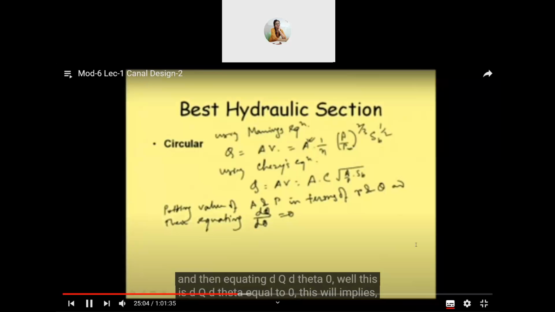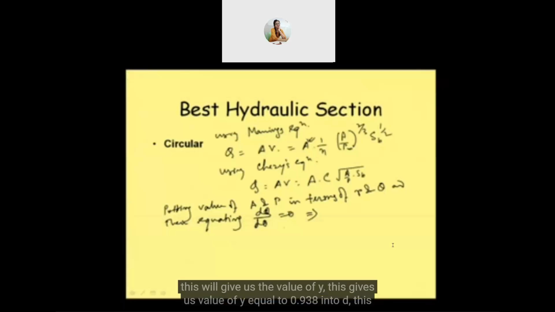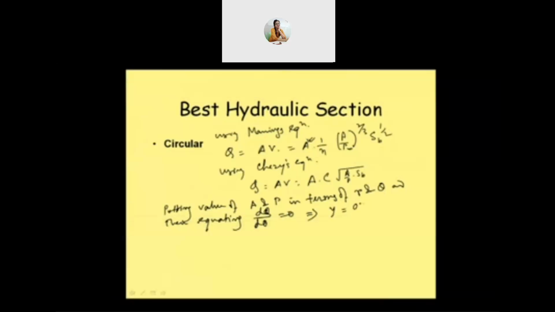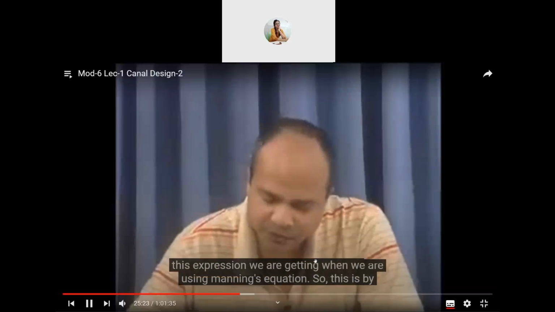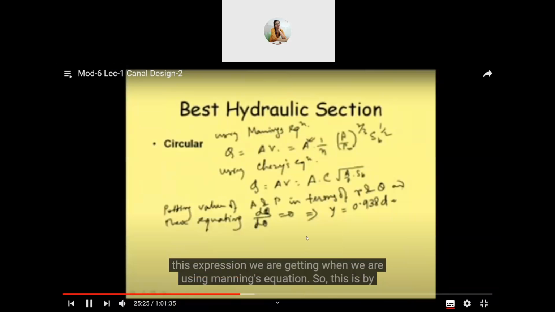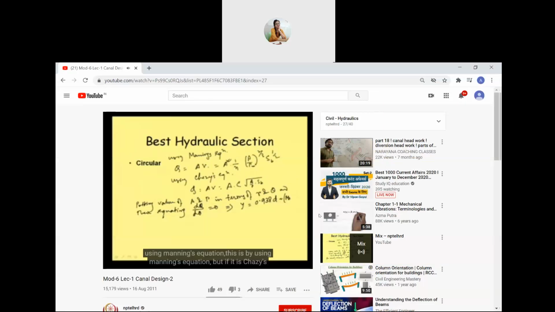This gives us the value of y equal to 0.938 into d. This d is the depth of flow. Well, so y is equal to 0.938 d. But we are getting this expression when we are using Manning's equation.